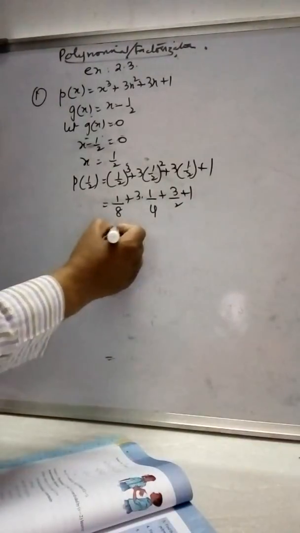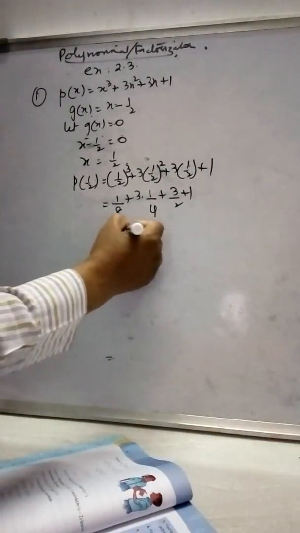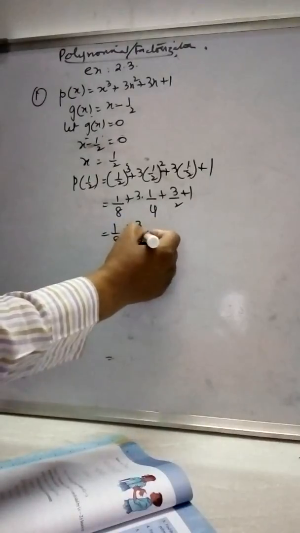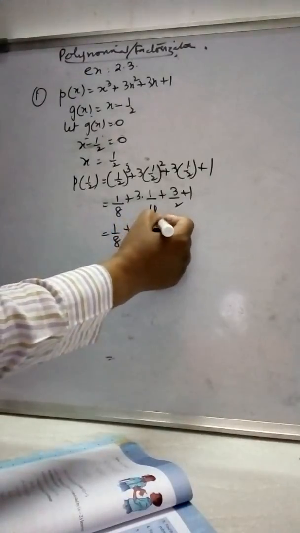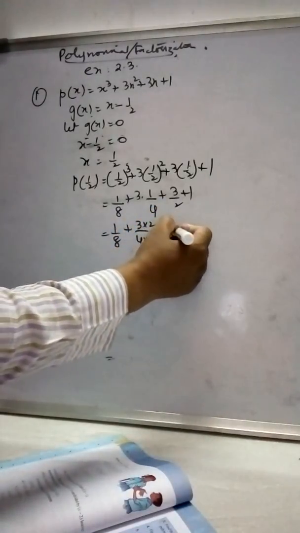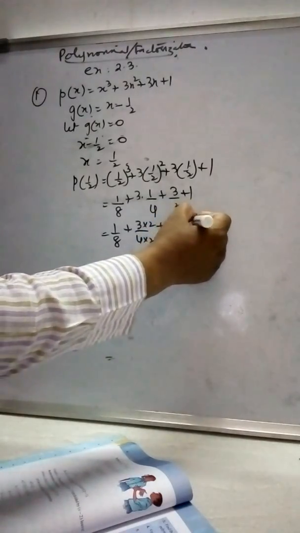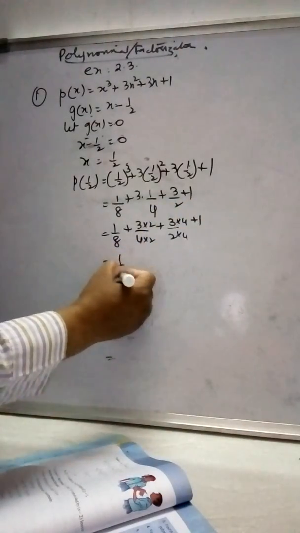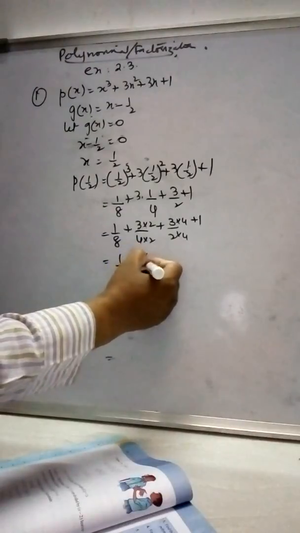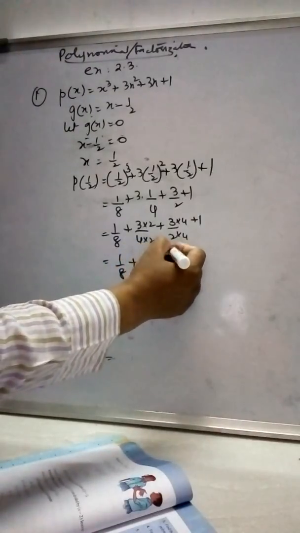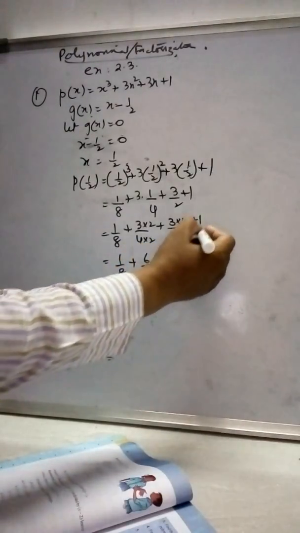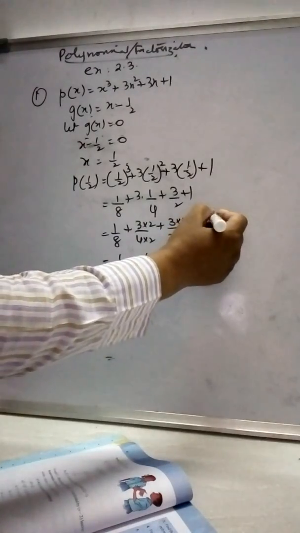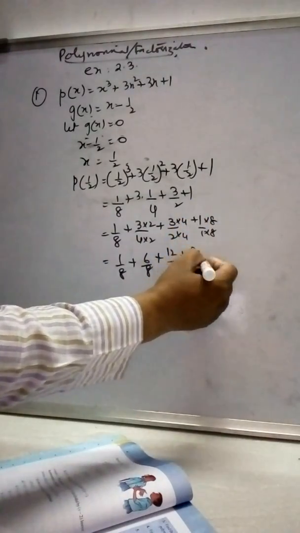Now I'll convert them into like fractions: 1 by 8 plus 3 by 4 into 2 into 2, plus 3 by 2 into 4 into 4, plus 1. So this gives me 1 by 8 plus 6 by 8 plus 12 by 8 plus 8 by 8.